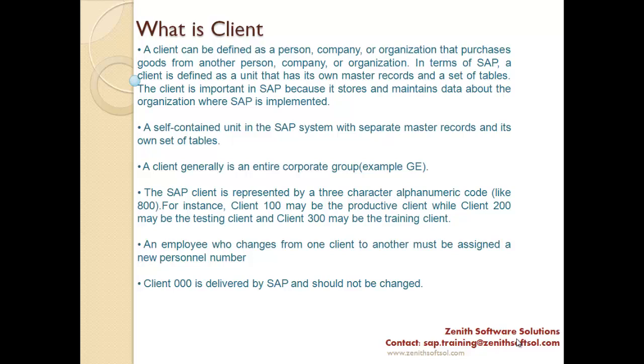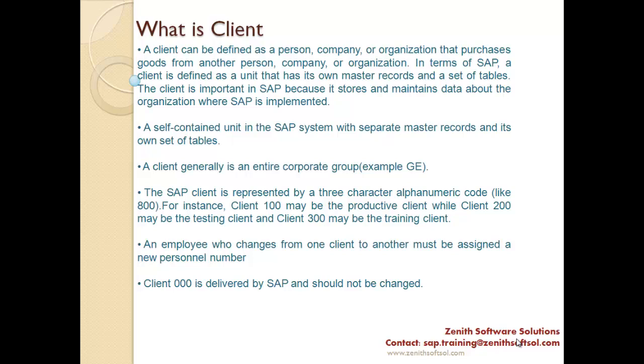So a client is a self-contained unit in the SAP system with separate master records and its own set of tables. For example, we are logged in client 800. So in the previous lecture you must have seen that we logged in client 800.